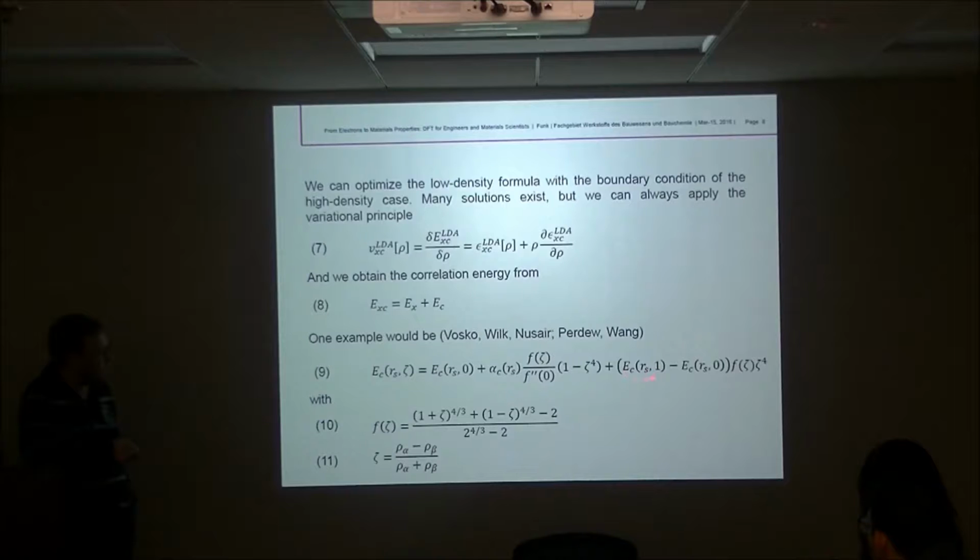We have the full paramagnetic case. We have the difference between both of them. And then we have here some kind of switching factor and switching function. And this function itself also depends on the spin density.